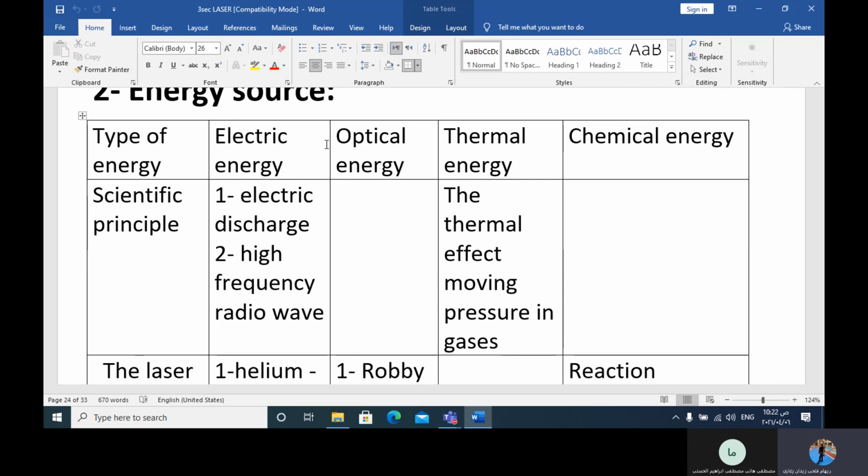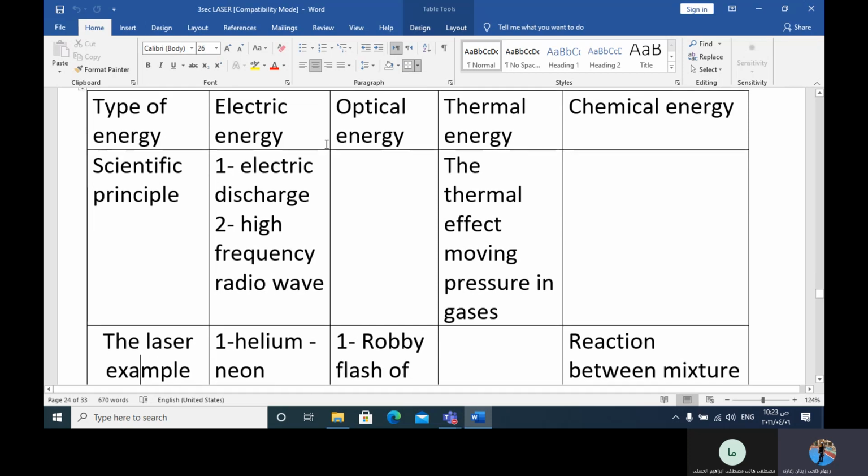And the second way is called the high frequency radio wave. The high frequency radio wave is another way of producing the stimuli to the atoms in order to excite them so that they can transfer to excited states.